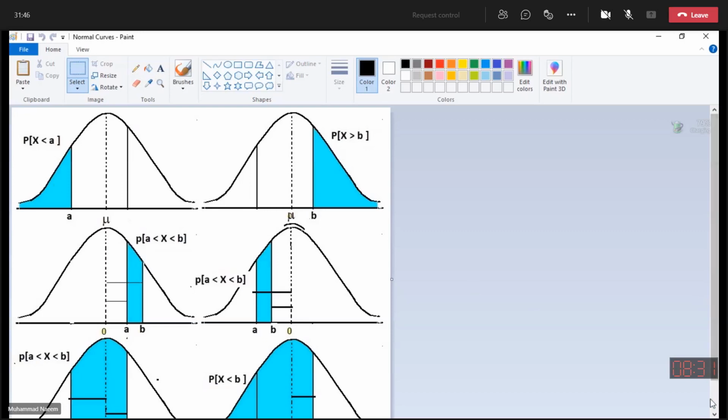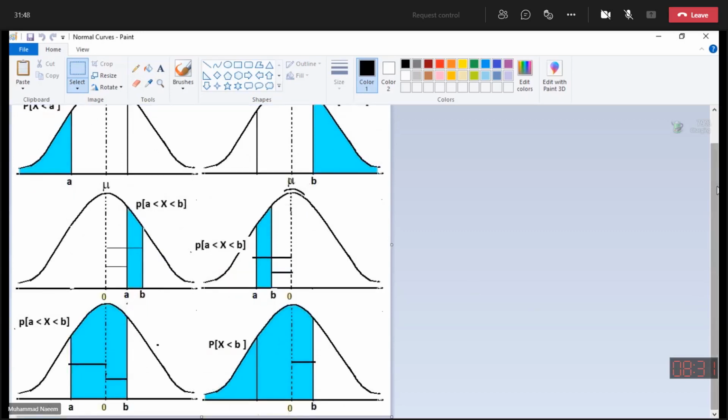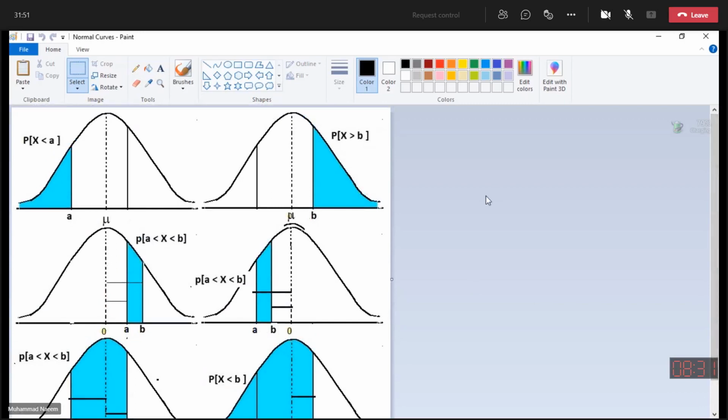Okay, next step is, the table has a fixed capacity. It measures area from center to a fixed point. If we have this problem, first of all, we convert our point in terms of z, and then we will use this point in the table.